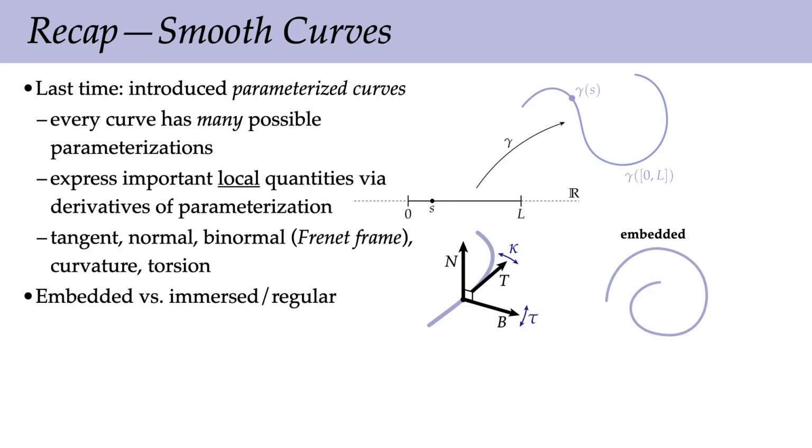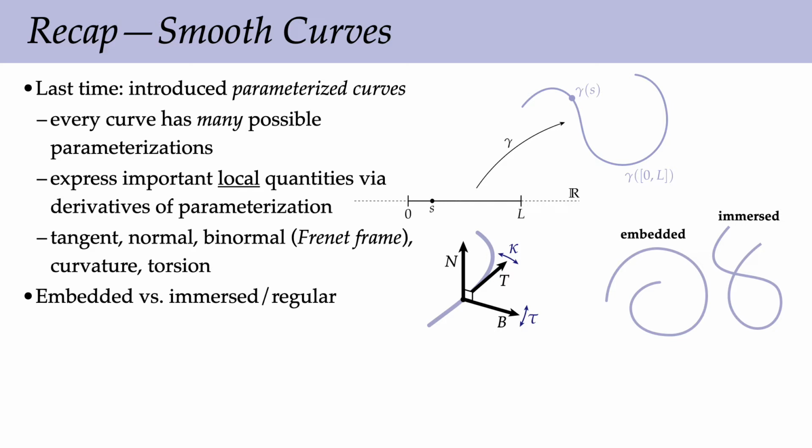A closed curve remains closed. An immersion can have self-intersections, but is at least regular. It's nice and regular in the sense that the derivative or the differential of the curve is well defined everywhere. And that's really important because the differential is what lets us express differential quantities like the tangent and normal and curvatures and so forth.